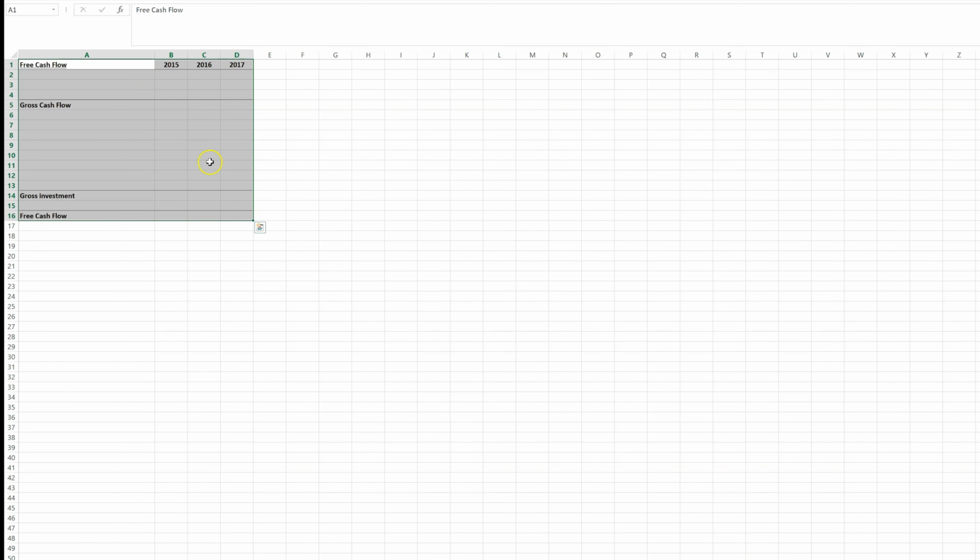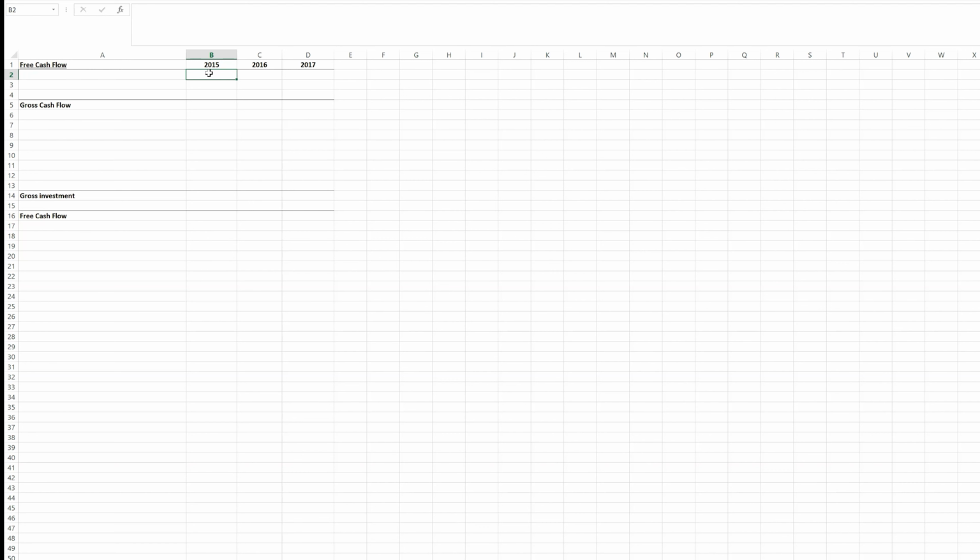Okay, so free cash flow is all the money that the firm has left over after it's paid all its operating costs, and it's made any investments into assets or anything that it needs for the future. Then whatever's left over is the firm's to provide back to its investors.